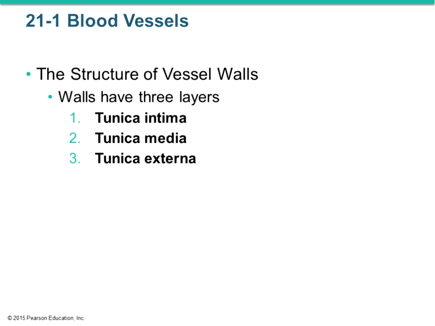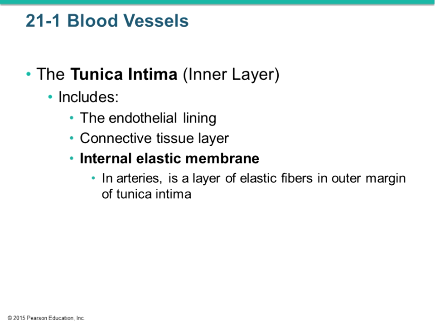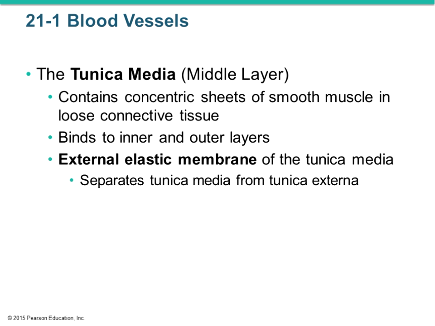So if we look at the actual structure of vessel walls, you can see three layers: a tunica intima, media, and externa. The intima is the innermost layer, has a thin endothelial lining, as you recall from ANP1, simple squamous epithelium lines these blood vessels. It also has a small internal elastic membrane at this location. The tunica media is the middle layer.